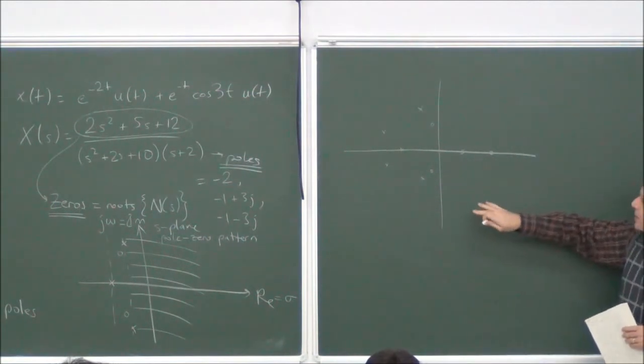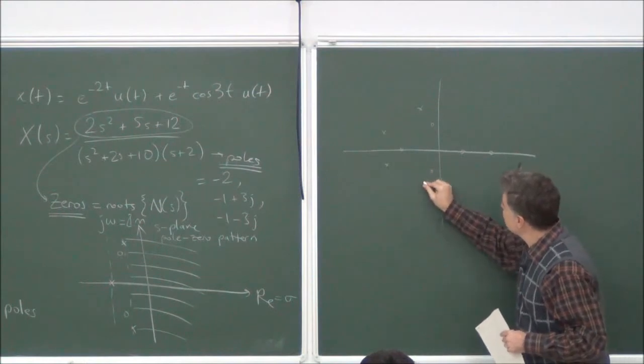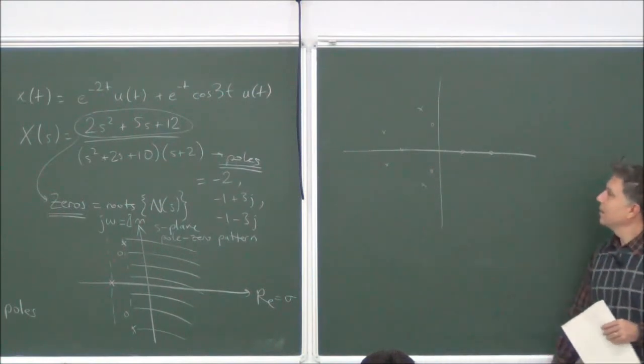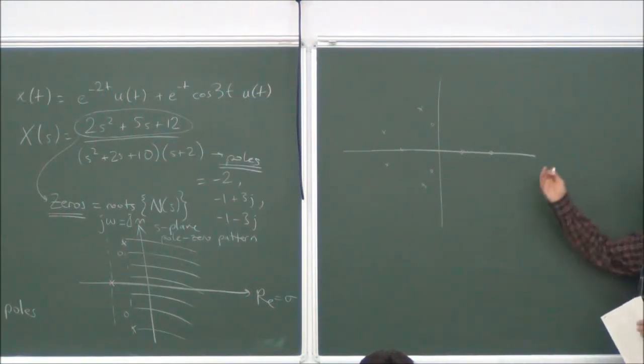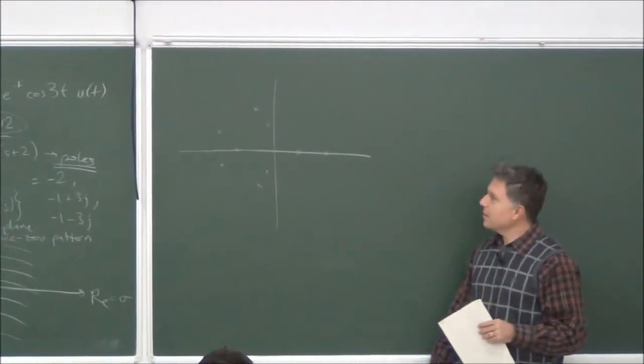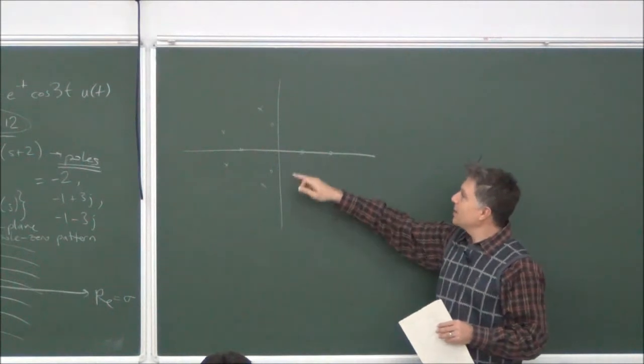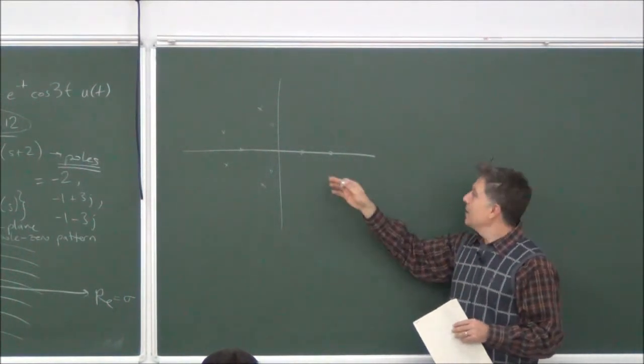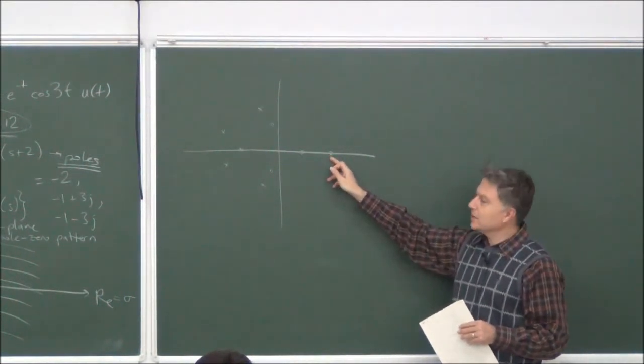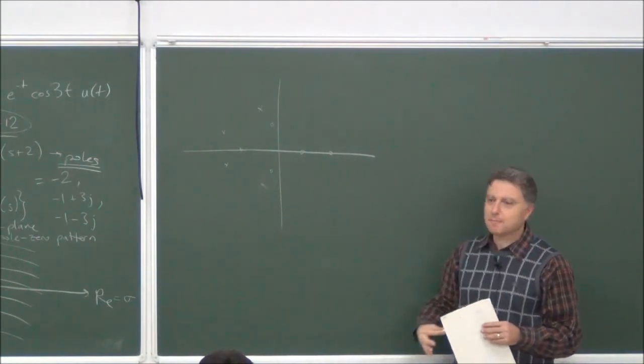I'm deliberately trying to draw them in conjugate pairs to make it a reasonable S-plane diagram. So what do these points correspond to, and why are there some zeros? What are we supposed to see here?